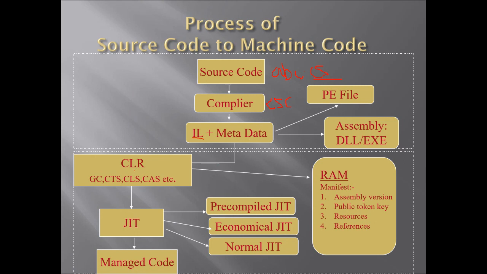Then the CLR process will execute it, and the CLR has lots of components like GC, CTS, CLS, and CLR. GC is the garbage collector.